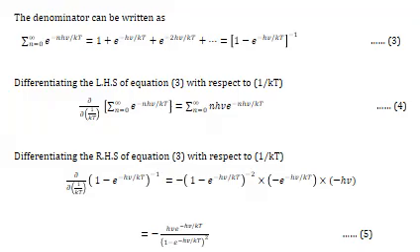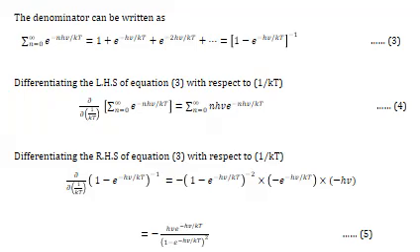In some books it is written as 1 divided by 1 minus e power minus hν by kT. So the summation of n equals 0 to infinity e power minus nhν by kT is written as 1 minus e power minus hν by kT, whole to the power minus 1.